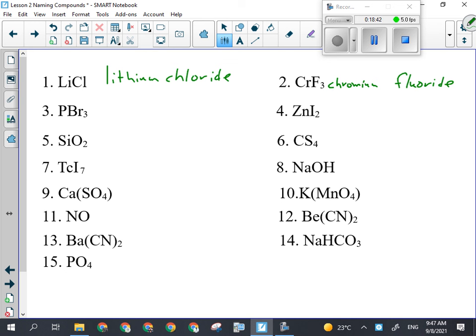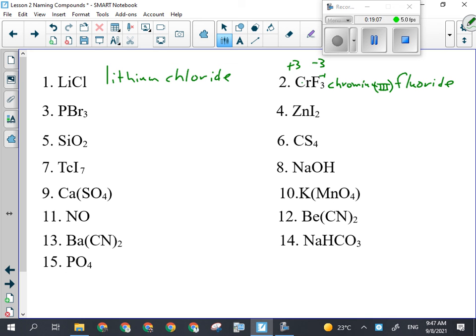I've got to figure out which charge, 2 or 3, chromium has here. Well, fluorine is always a -1. There are 3 fluorines, so that gives me a total of 3 negative charges. That means I've got to get 3 positive charges from a single chromium ion. So this is the chromium with the 3+ charge, chromium(III) fluoride.